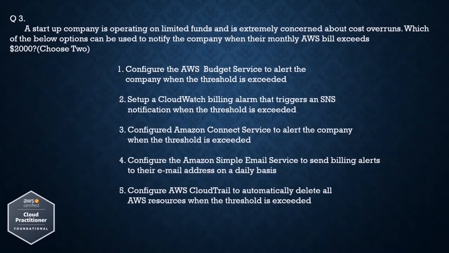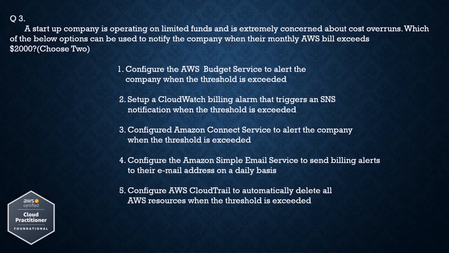Question number 3. A startup company is operating on limited funds and is extremely concerned about cost overruns. Which of the below options can be used to notify the company when their monthly AWS bill exceeds $2,000? Choose 2. 1. Configure the AWS budget service to alert the company when the threshold is exceeded. 2.